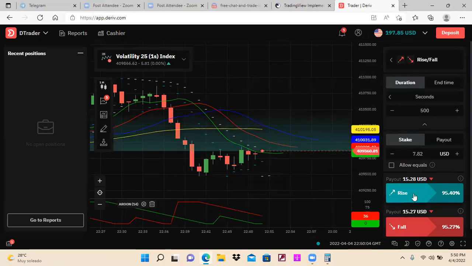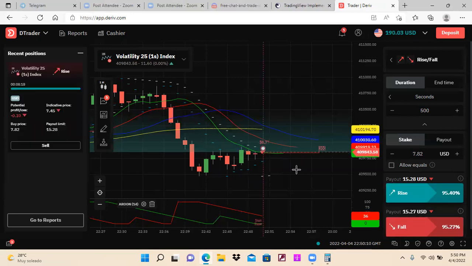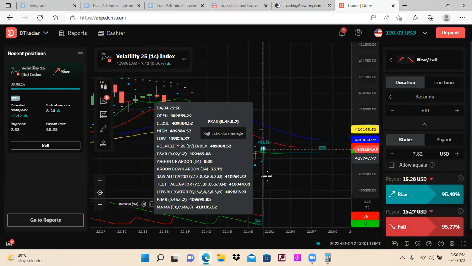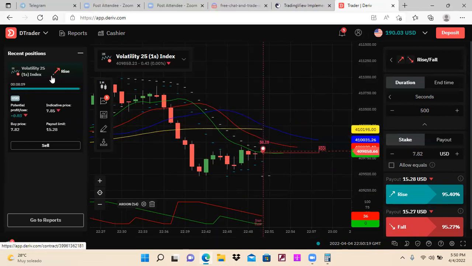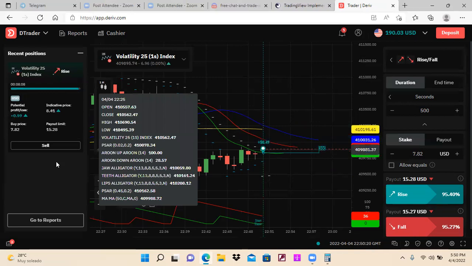All right, now we can press rise because we got a situation where we have two parabolics below. This is going to be 8 minutes, so we have some time to see how much we can turn our $6 into 12. And this is where we're at, $10. So let's just close.